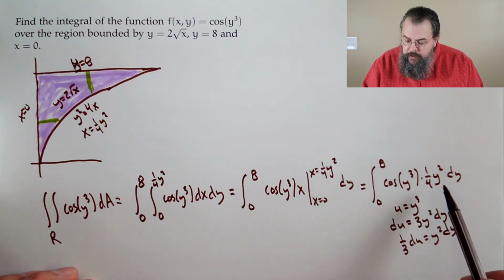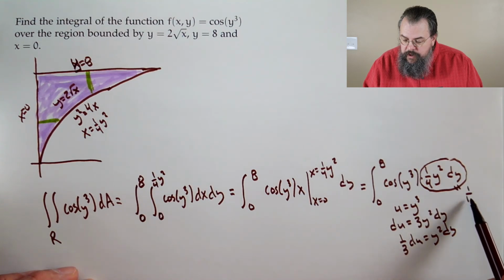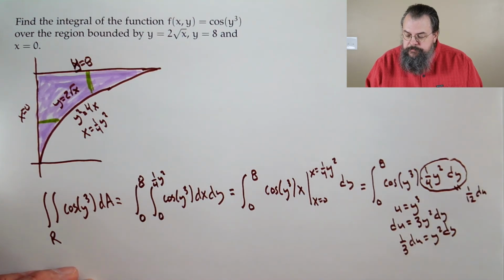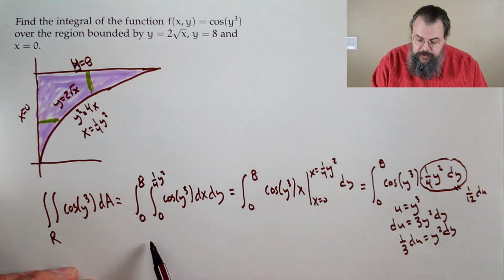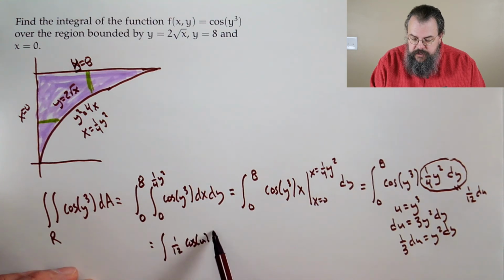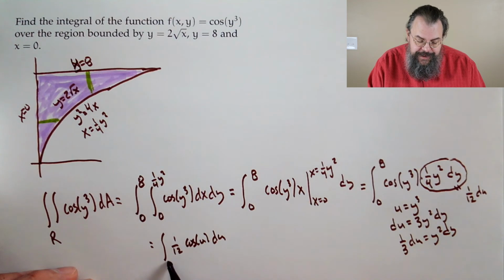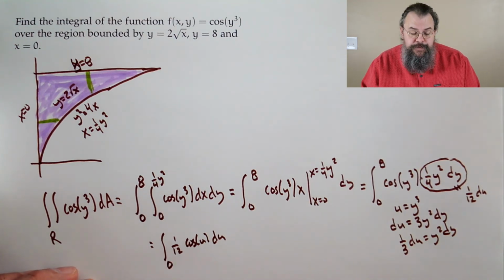So this 1/4 y squared dy will become 1/12 du. And then we have the integral of 1/12 cosine u du, and then we have to evaluate 0 up to 8 cubed.